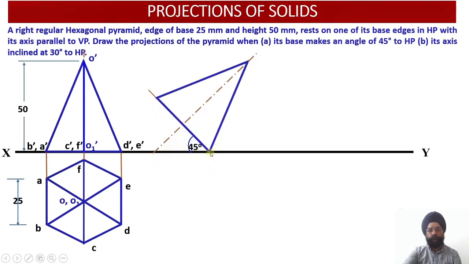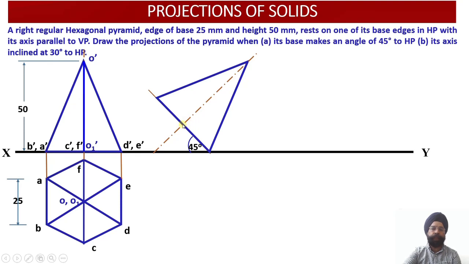So now point 1, point 2 and point 3 will be located over here, and from point 2 we are going to mark the vertical axis equal to the axis length of this pyramid, which is 50 millimeter. So this O dash O1 dash distance is equal to 50 millimeter.